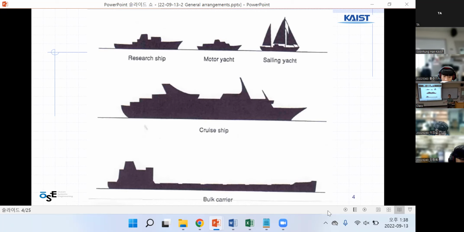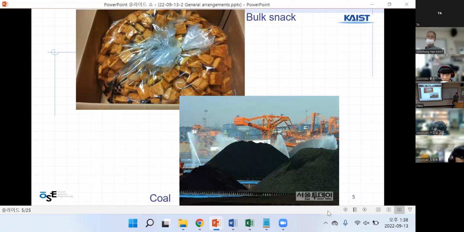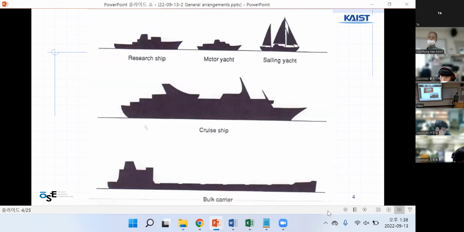For the bulk cargo, the cargo itself is heavy, so the draft is big. So once again, bulk cargo, and coal, this one is transported by bulk carriers.